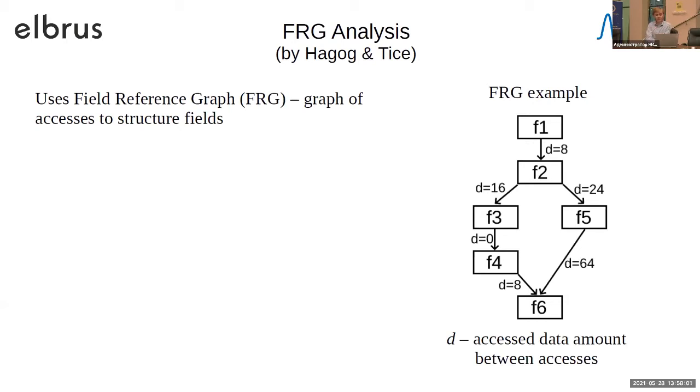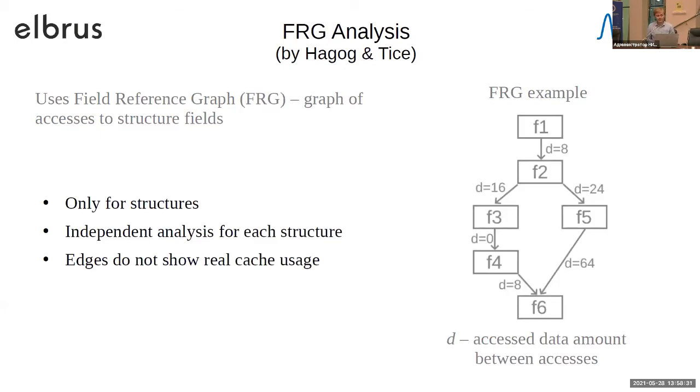For example, on the right, there are accesses to fields from 1st to the 6th. And in this example, the D is how much data is loaded between accesses. This data is on the edges of the FRG.